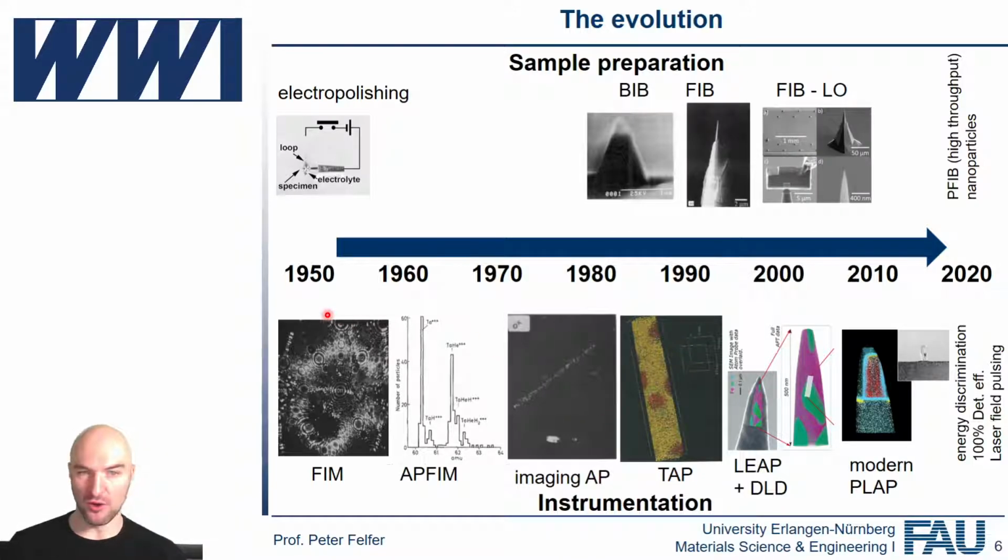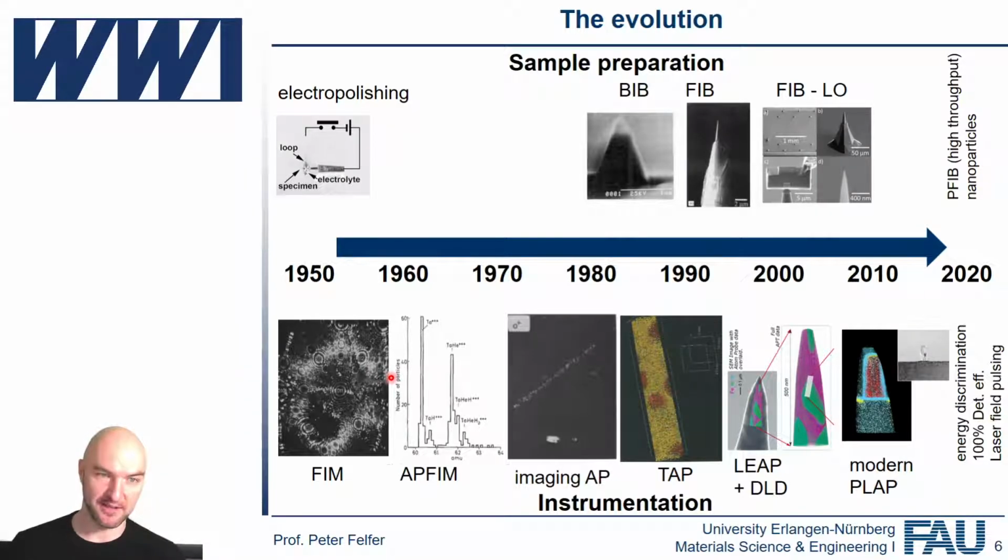So atom probe or field ion microscopy, which is very close to atom probe, and we're going to talk about that in the next couple of slides, has actually been around since the 1950s and actually has its roots in the 1930s. And there was actually the challenge of how do you visualize atoms, and a couple of different ideas floating around.